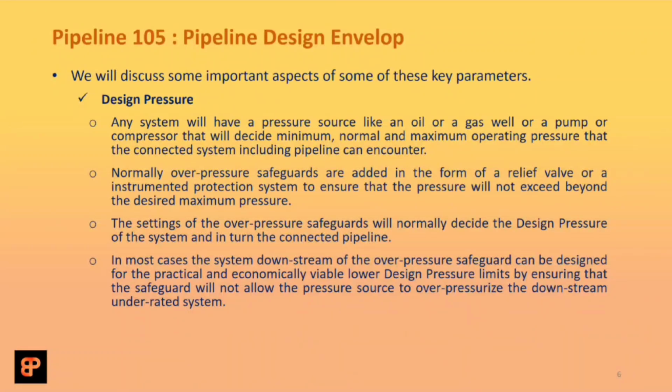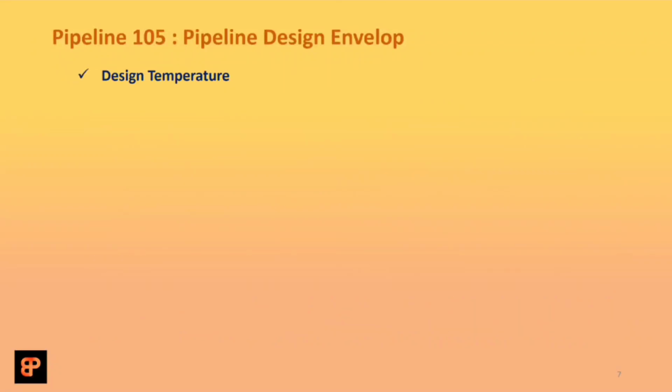But whenever the pressure sources are very high, then from the project economics point of view, we have to implement the overpressure safeguards, and then using that we design the majority of the system for lower pressure, which is called an underrated system. That way we can reduce the overall capital investment. So as I said, the safeguards will help the economics of the project.